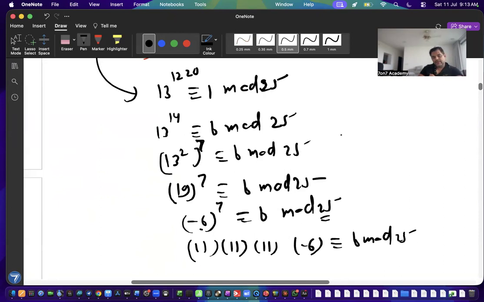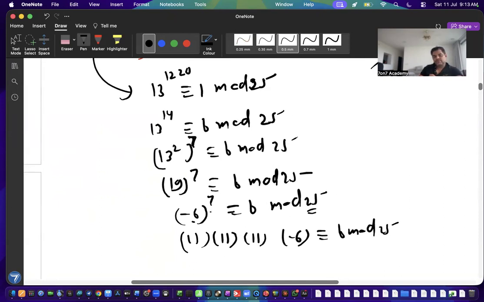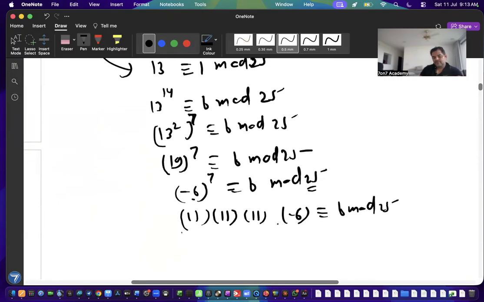I wrote minus 6 raised to 2, which is 36. 36 divided by 25 gives 11. That's how I got this. Three times, because you break it as minus 6, minus 6, minus 6. I got it. Minus 6 raised to 2 is 36, and 36 divided by 25 will give 11. That's what we've done, so here we reach it.